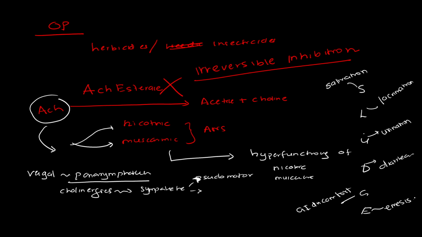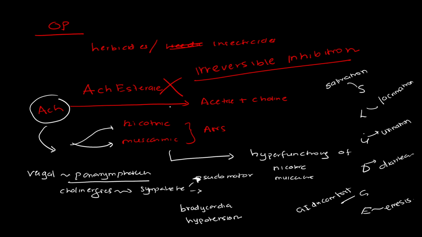So these are a few things that you would see in organophosphate poisoning. Apart from that, there is a possibility the patient might be having bradycardia. Why is that? Again, the action of the vagus, and hypotension. Bradycardia, hypotension, and there will be a few others as well.